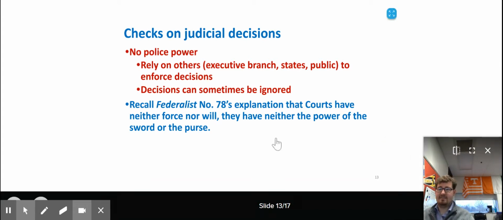So can I just ask something here? Sure. Say hypothetically, one of the half a dozen times that the court ruled that repealing the Affordable Care Act during the Trump administration was unconstitutional, if Trump had just ignored that ruling like Jackson did with the Indian Removal Act, what would have happened? That's what we call a constitutional crisis.